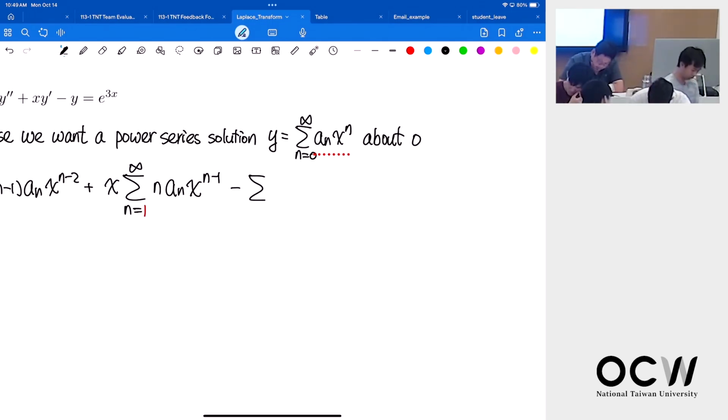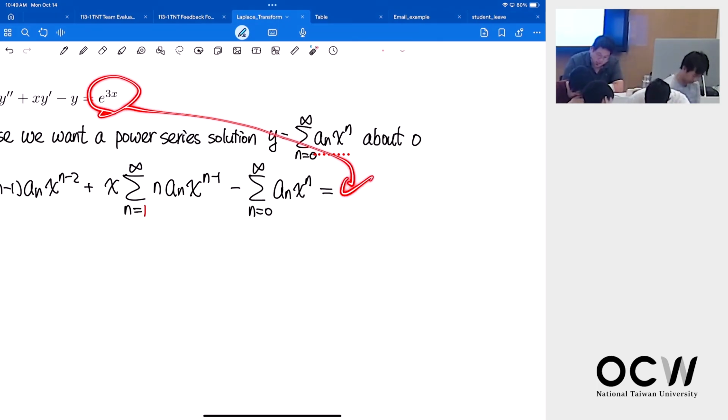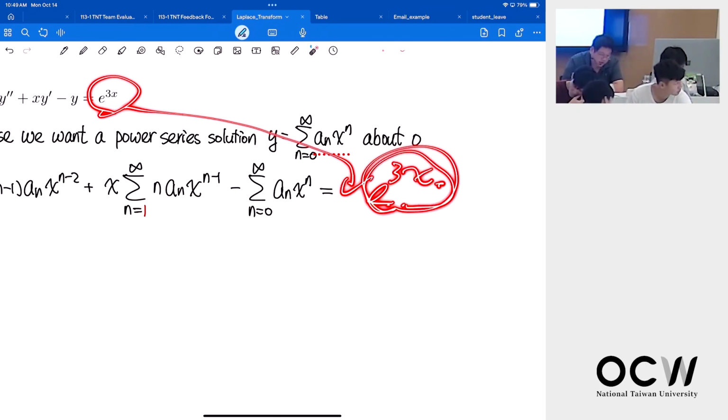And then minus y, so minus the summation a n x to the n, that's equal to e to the 3x. Right here is e to the 3x. Remember that we can also express this exponential in a Taylor series.